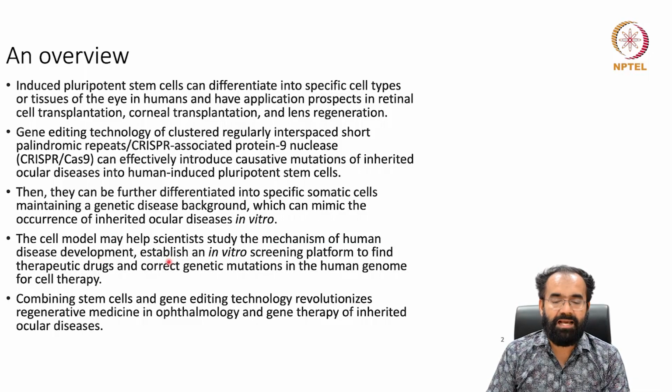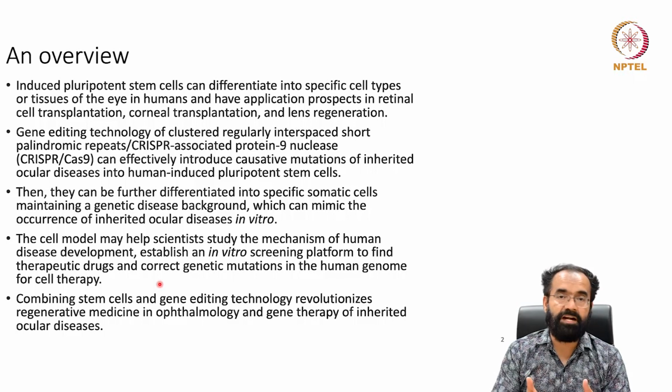The cell model may help scientists to study the mechanism of human disease development, and you can establish an in vitro screening platform to find therapeutic drugs and correct genetic mutations in the human genome for cell therapy. So you can study, oh, there is a defect, I have hundreds of drugs, and see how the cell is going to behave. Can one of these drugs be used for fixing this trouble? That is one approach.